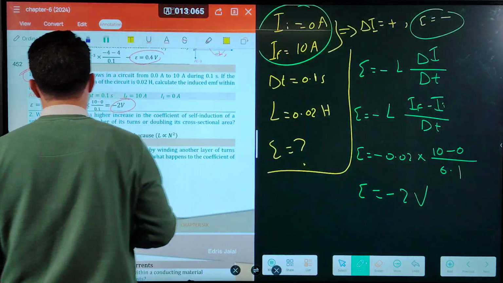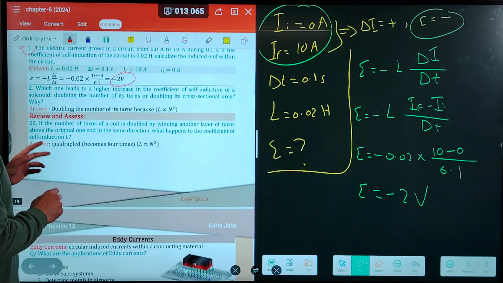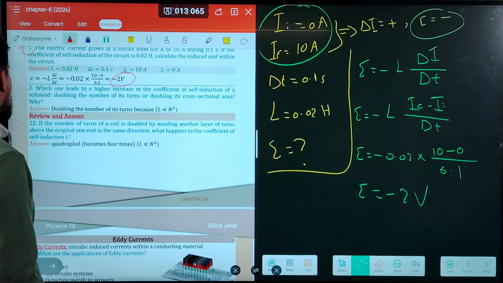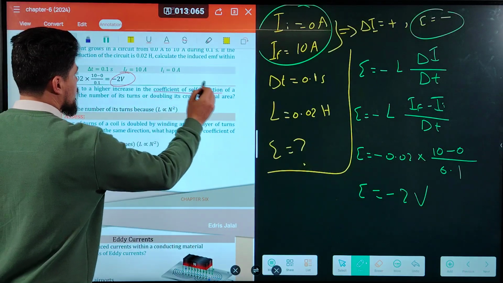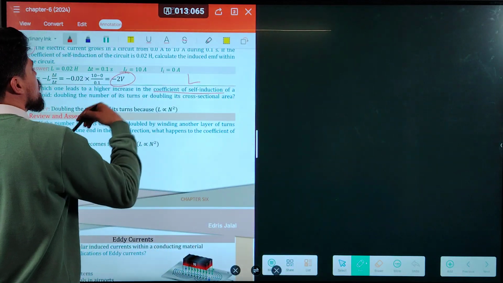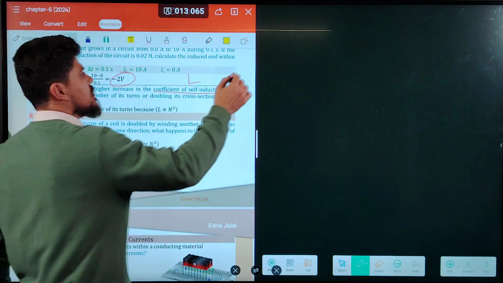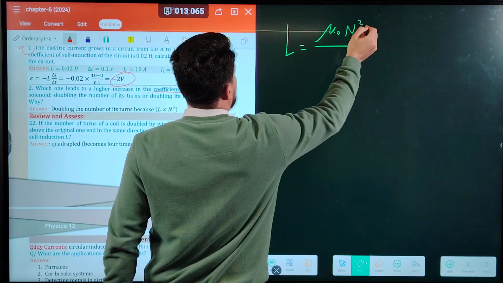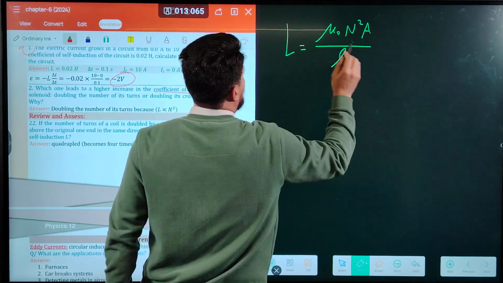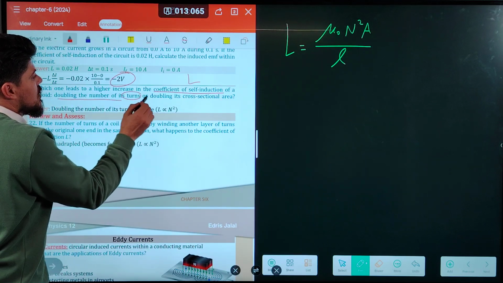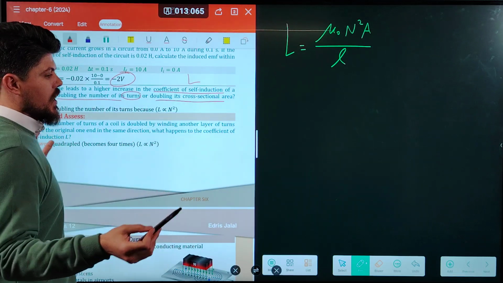Look, negative 2 volt. Which one leads to a higher increase in the coefficient of self-induction of a solenoid? The coefficient of which one leads to an increase of the coefficient of self-induction in a solenoid? Mu naught N square A over L. Doubling the number of turns or doubling its cross-section area.